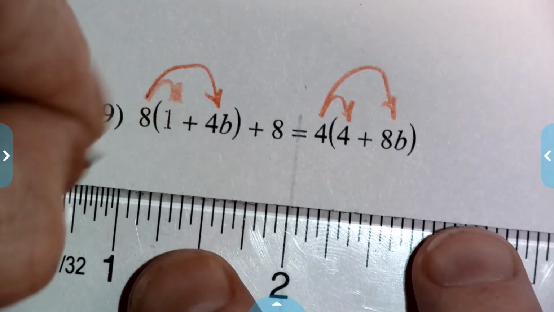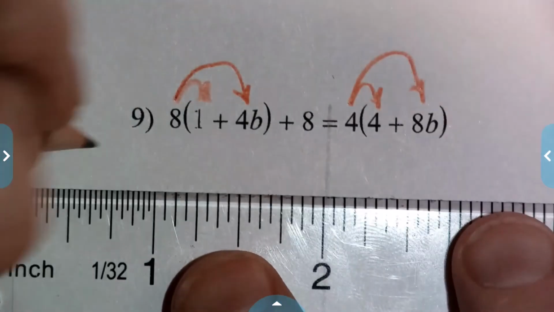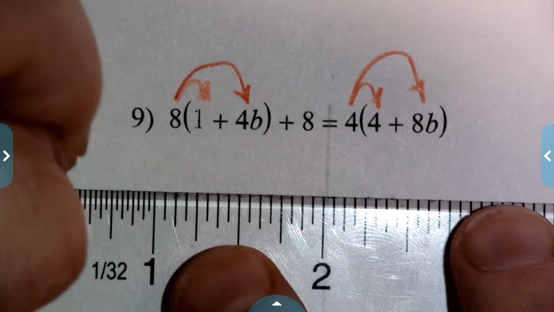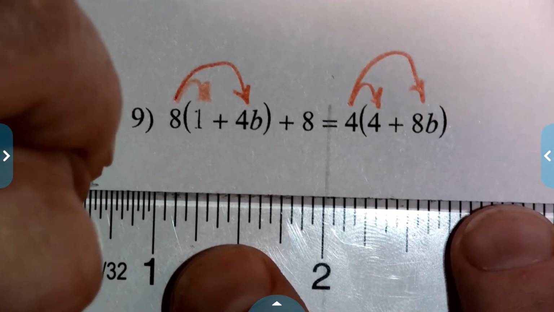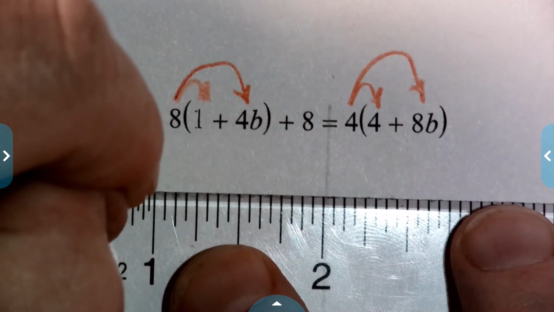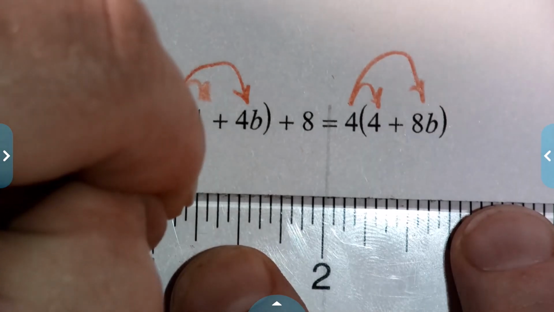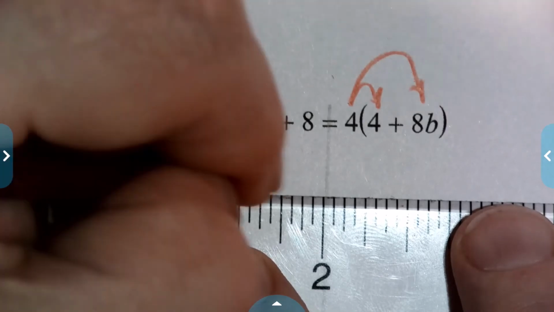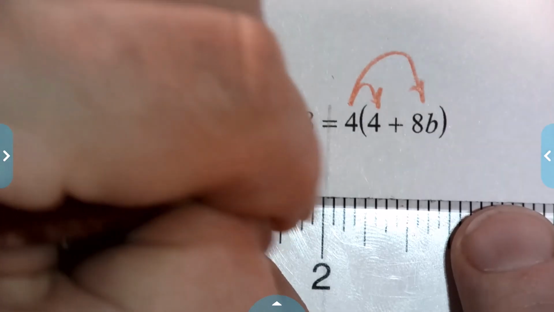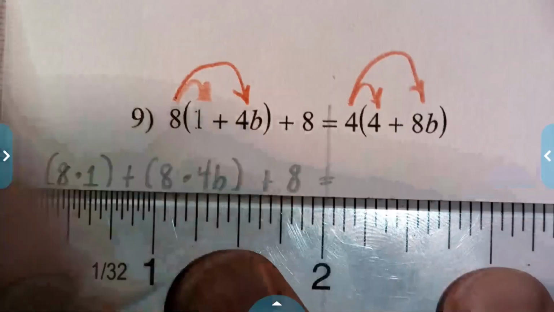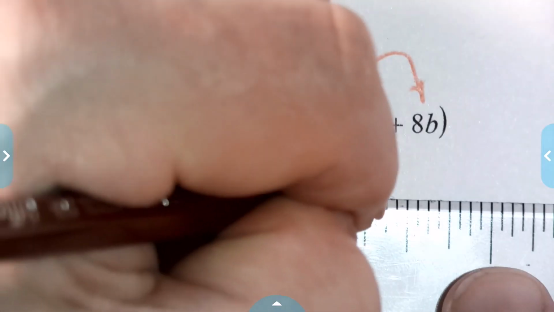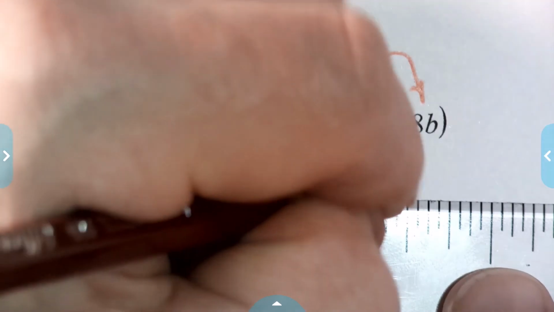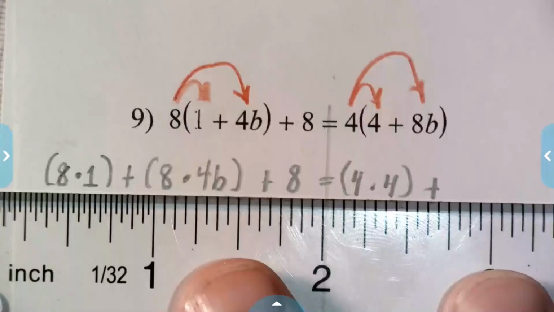Okay, so I've got 8 times 1, that's just 8, plus 8 times 4b, it's going to be 32b, plus 8 equals 4 times 4, that's going to be 16, plus 4 times 8b, that's going to be 32b.